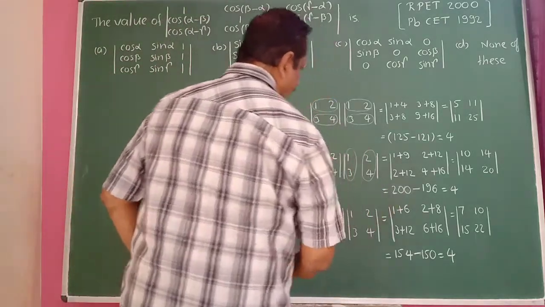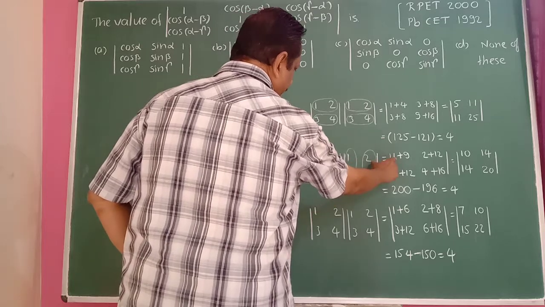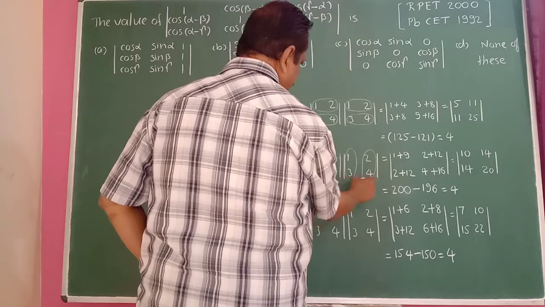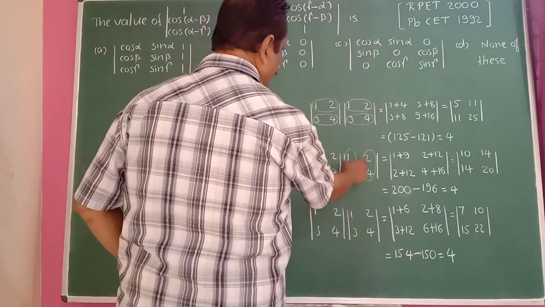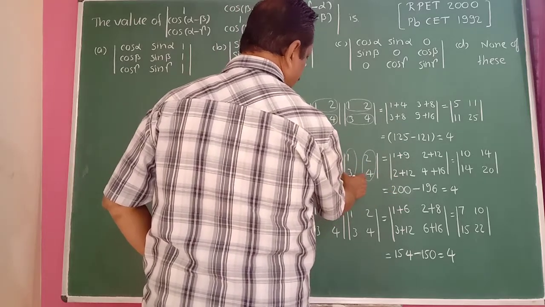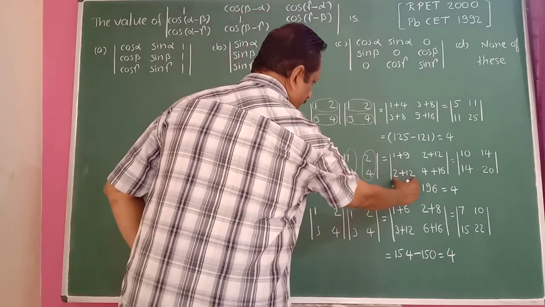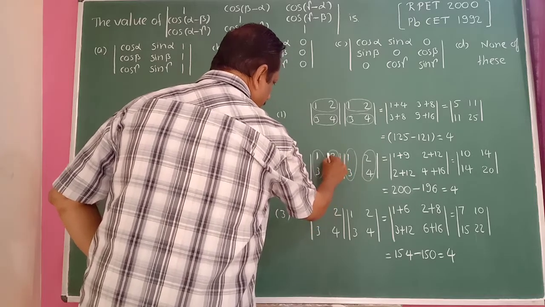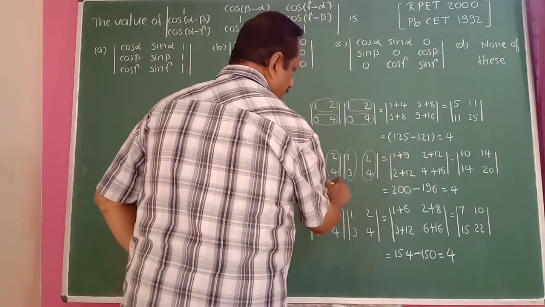2 plus 12. Then 1 into 1 becomes 1, 3 into 3 becomes 9. Then 1 into 2 becomes 2 here, and 3 4s are 12. Multiply this row with this column, then write here. Then multiply the second column with the first column: 2 1s are 2 and 4 3s are 12.